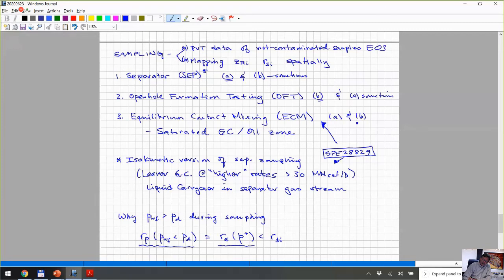So if you have a saturated gas condensate with associated equilibrium oil, saturated system, then the ECM method is really something you should consider seriously using. That also eliminates the need for the isokinetic sampling correction.